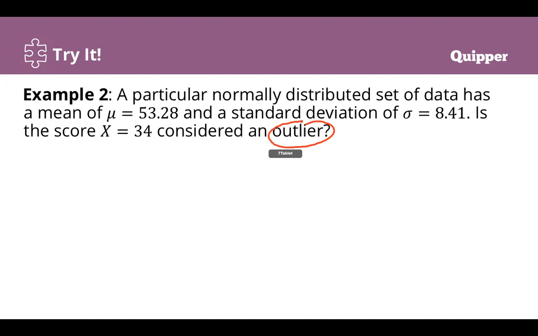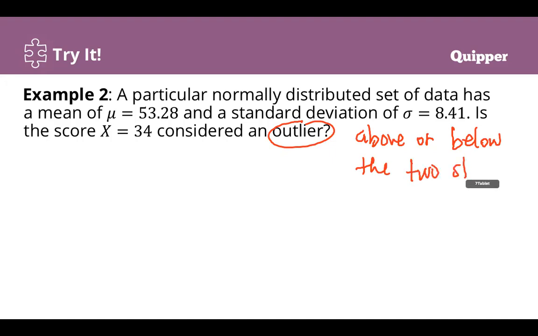If you can still remember, kapag sinabing outlier, dapat ay above or below the two standard deviations. Correct? So, dapat nasa either mas mababa siya sa 2 or mas mataas siya sa 2 standard deviations.